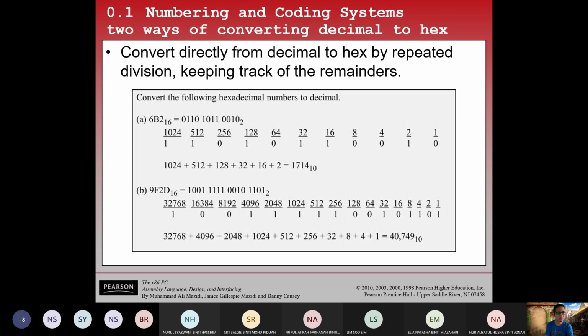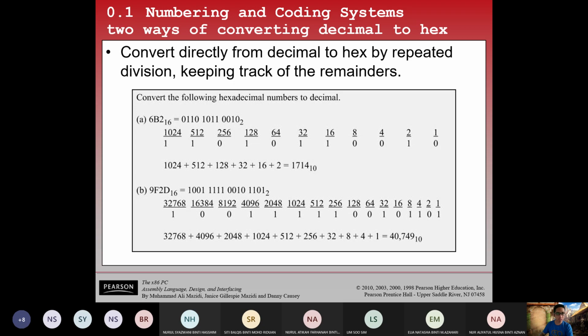To know the decimal value from the binary, meaning base 2, you just look at the most significant bit that has the value 1.